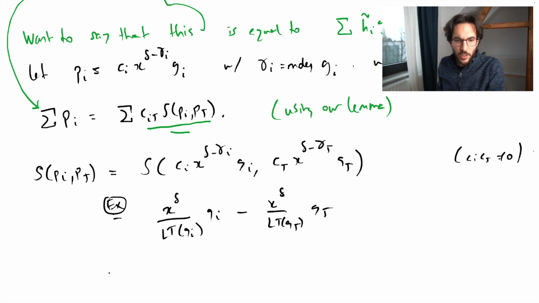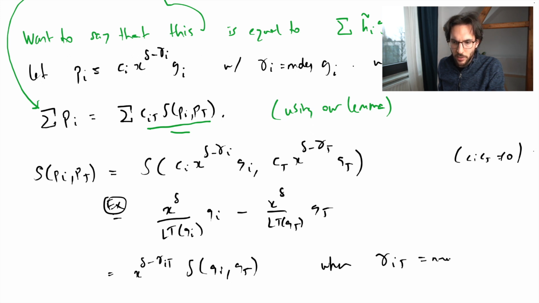But this is equal to x^(delta minus gamma_ij) times the S-polynomial of g_i, g_j, where gamma_ij is the multi-degree of the least common multiple. Sorry, this is not the multi-degree of g_i g_j, it's just the multi-degree of the least common multiples.